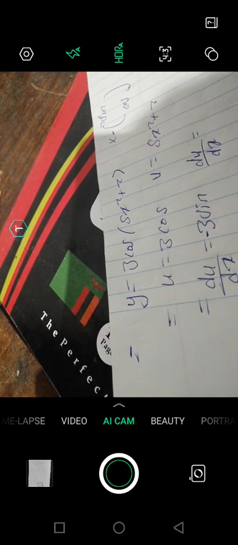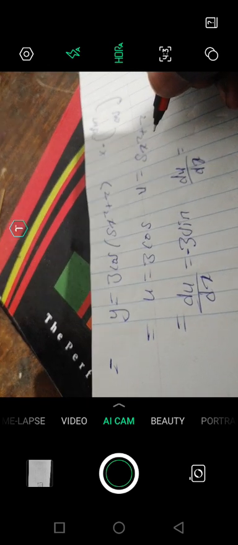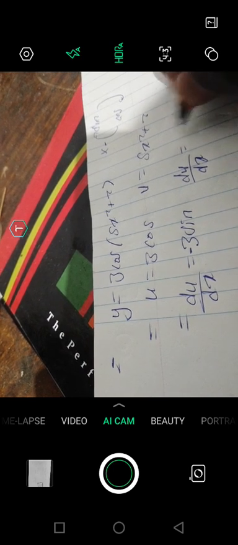We all know it is 2 times 5, the power multiplies with the base, and the power is reduced by 1. We're going to remain only with 10x. The derivative of the constant is 0, so just forget about it.